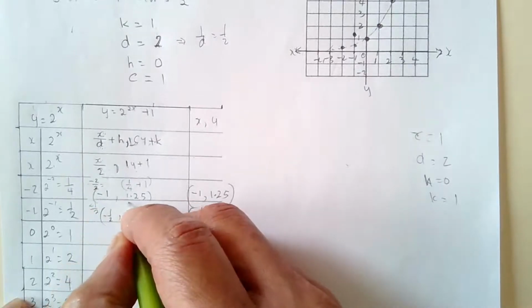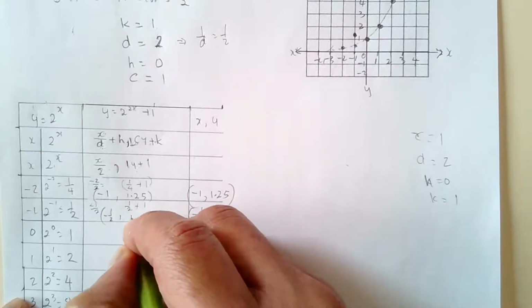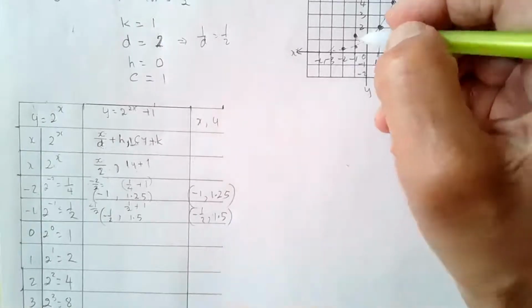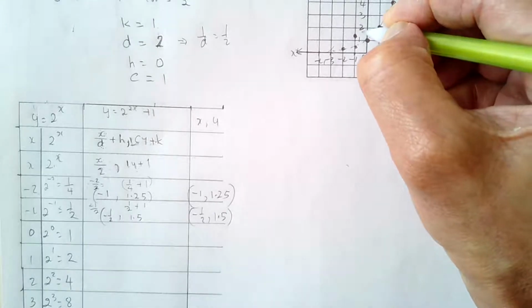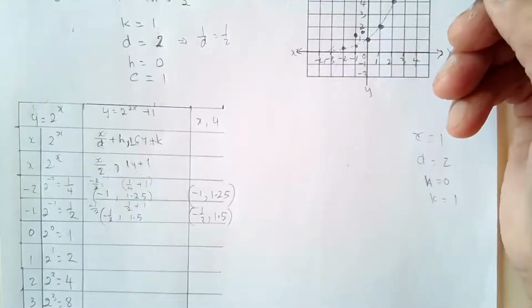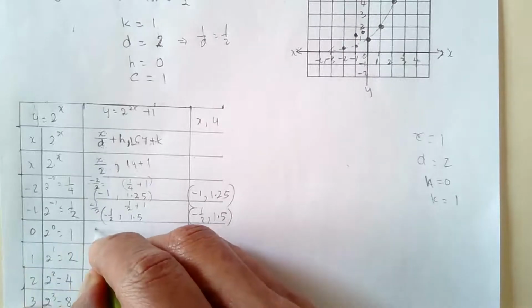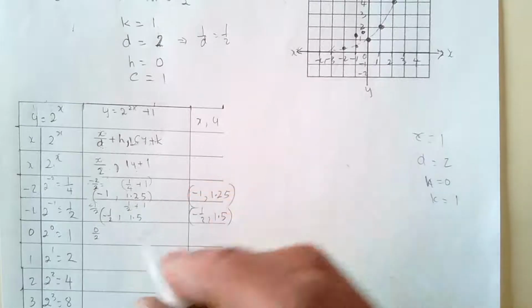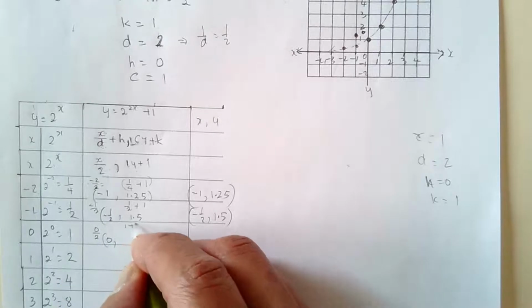It's 1/2 plus 1, which is 1.5. So -1/2, 1.5, which is slightly above, so it's about here. Then we have x is 0, so 0 divided by 2, and that will give us 0. And we have 1 plus 1 gives us 2.